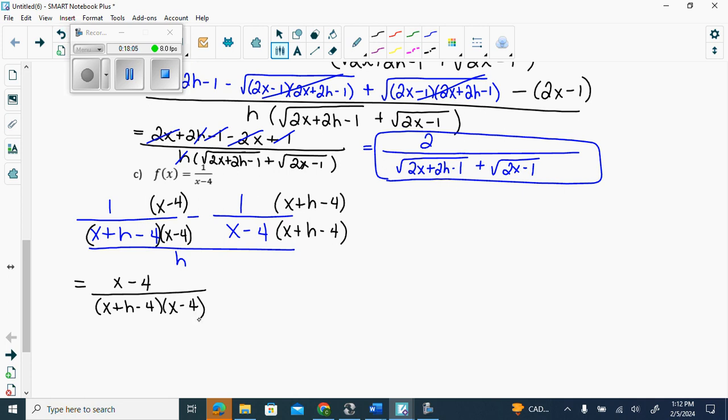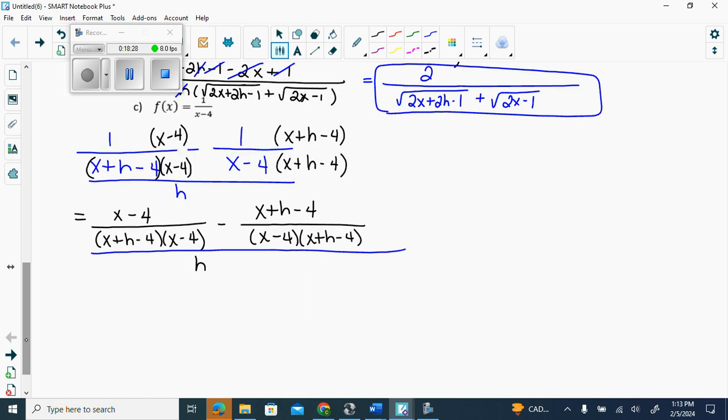We do not need to distribute them. And you shouldn't distribute them because we need the tops to cancel. And then we're going to be left with minus x plus h minus 4 over x minus 4 times x plus h minus 4, all over h. We have a common denominator, so we can put them together.